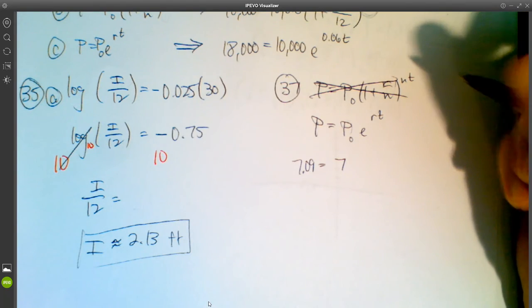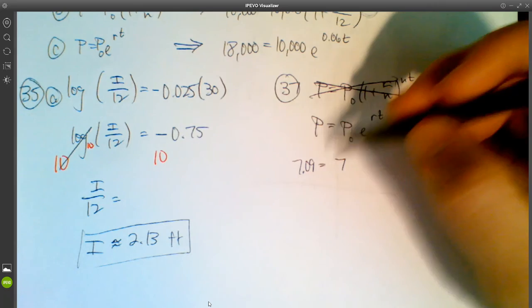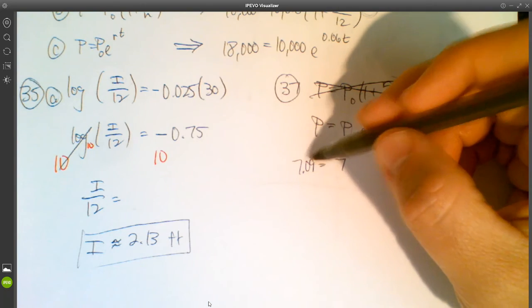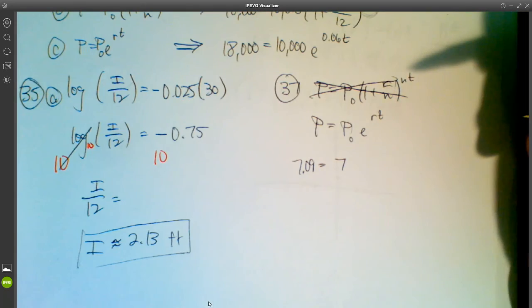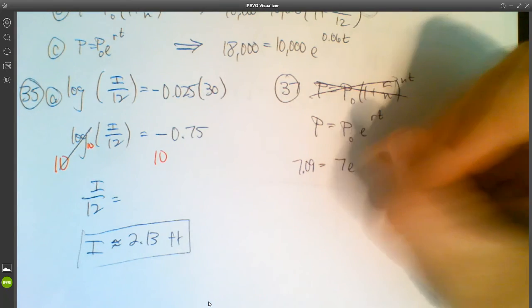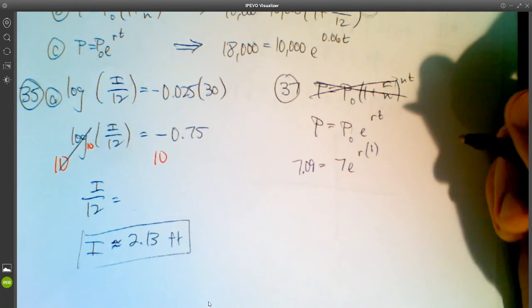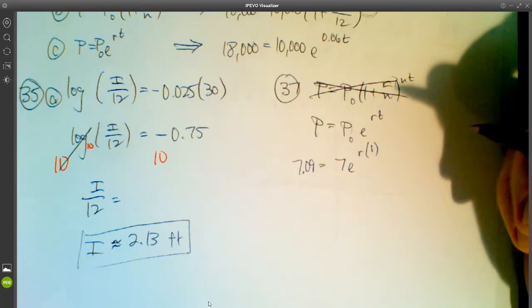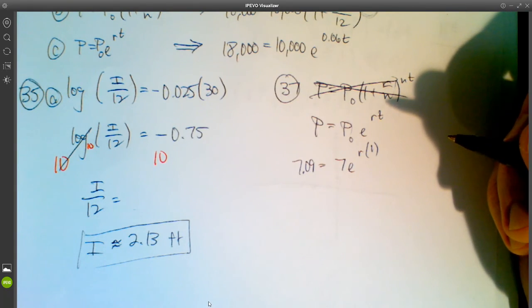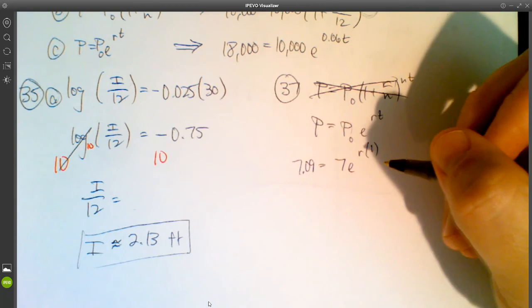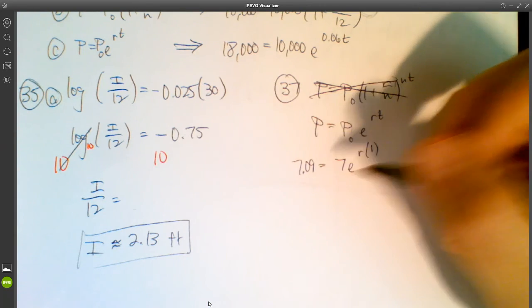If the world population increased by another 90 million, that's 0.09 billion. Okay. Times e to the r times 1, right? It only took 1 year for it to make this amount of growth. So we can solve this thing for r now if we divide both sides by 7.